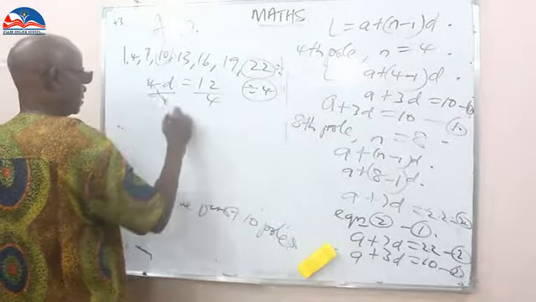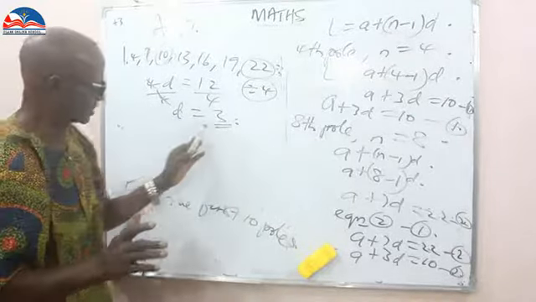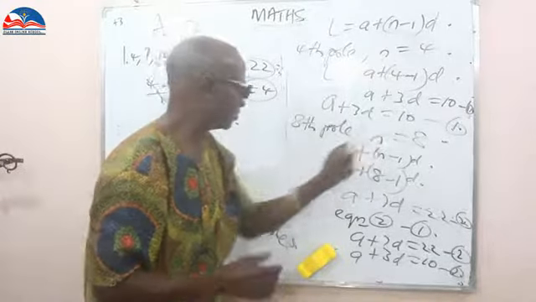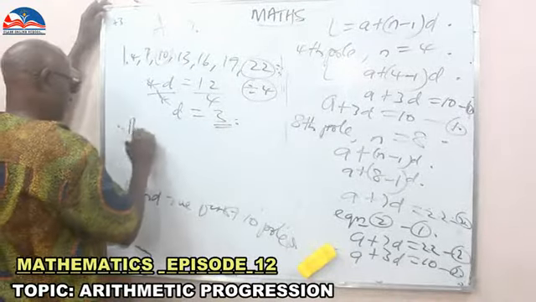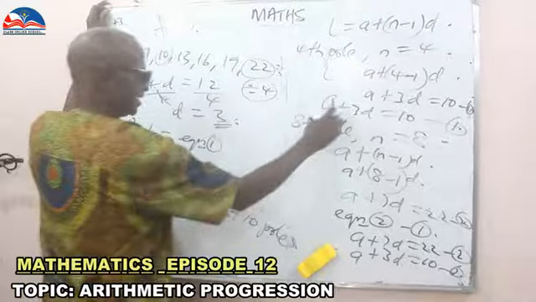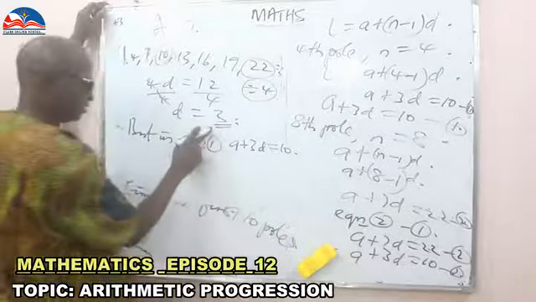D equals 3. You see, you are adding 3. That's what it's telling us. Remember where we started from. Now, what is the first term? From equation 1, A plus 3D equals 10, and I now know D to be 3.